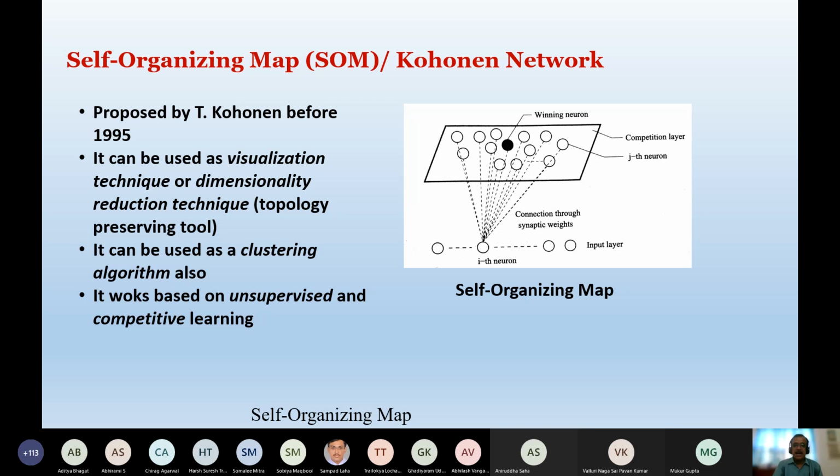I'll try to find out how to map it to 2 or 3 dimensions. But truly speaking, let me repeat: this competition layer and the neurons lying on it are not there initially. So I want to do the mapping from higher dimension to lower dimension.